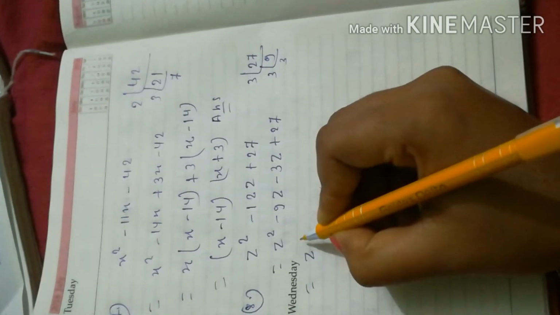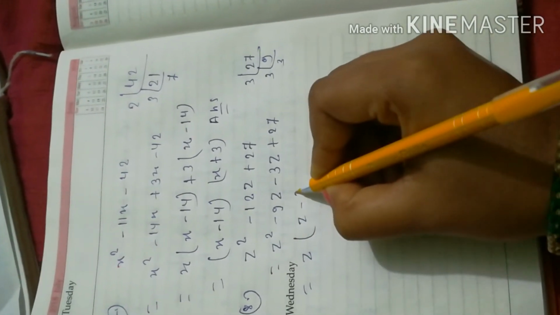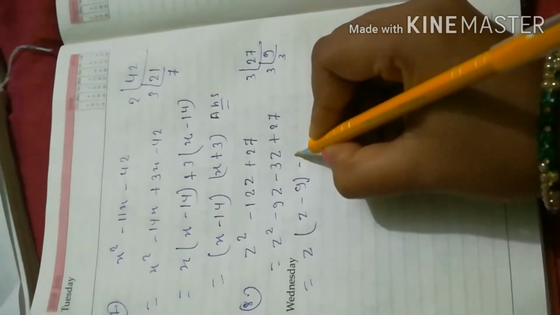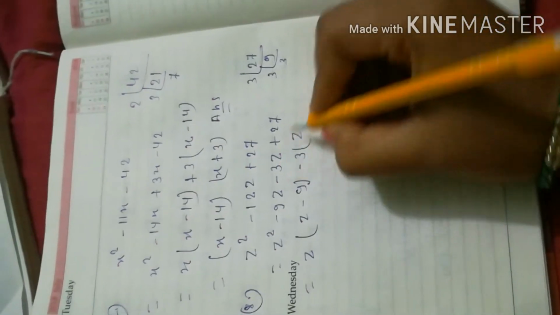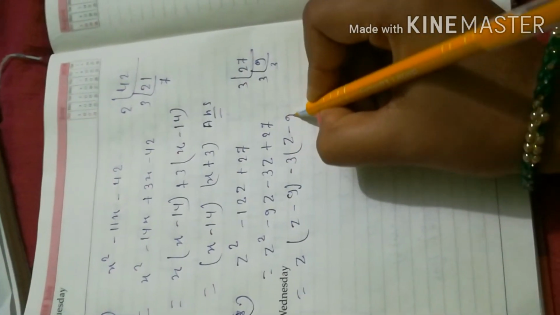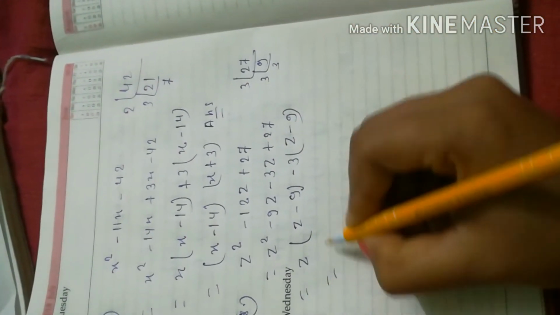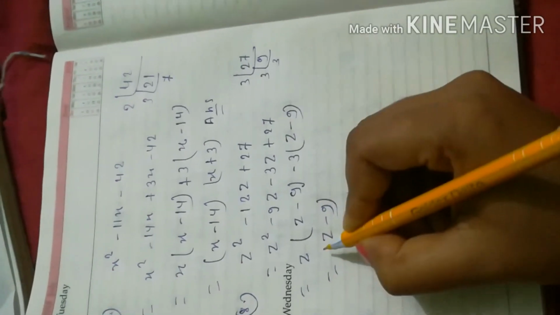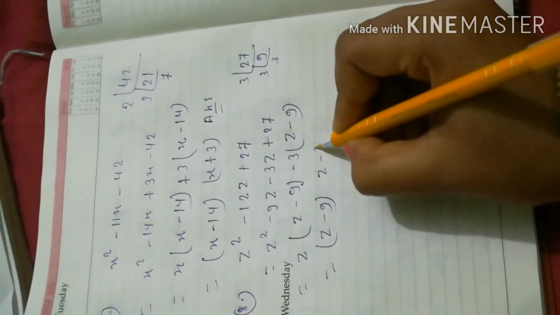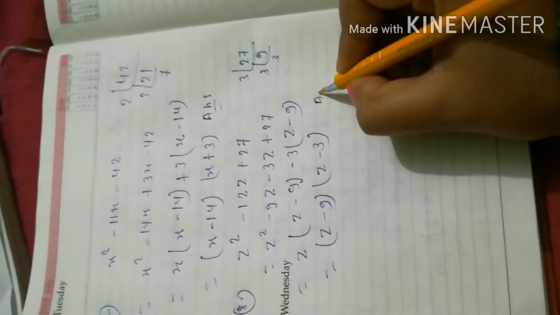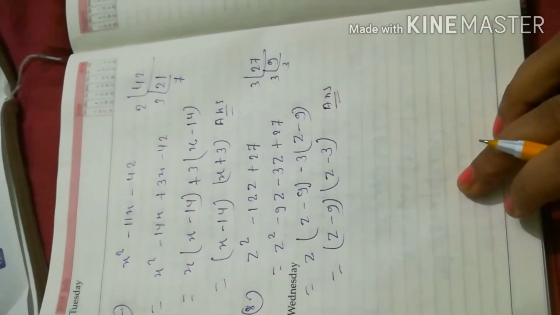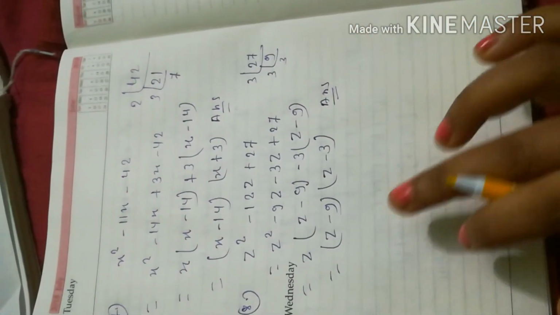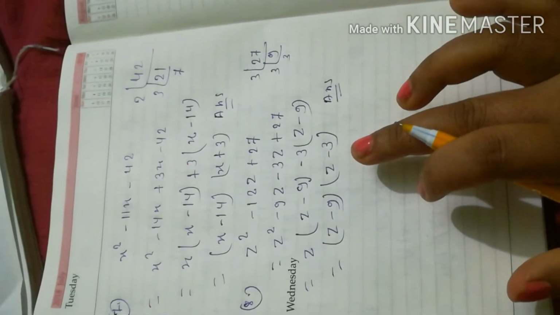From here we can take z as common. z minus 9, minus 3 (z minus 9). 3 9s are 27. z minus 9 into z minus 3. In this way we have completed till question number 8.